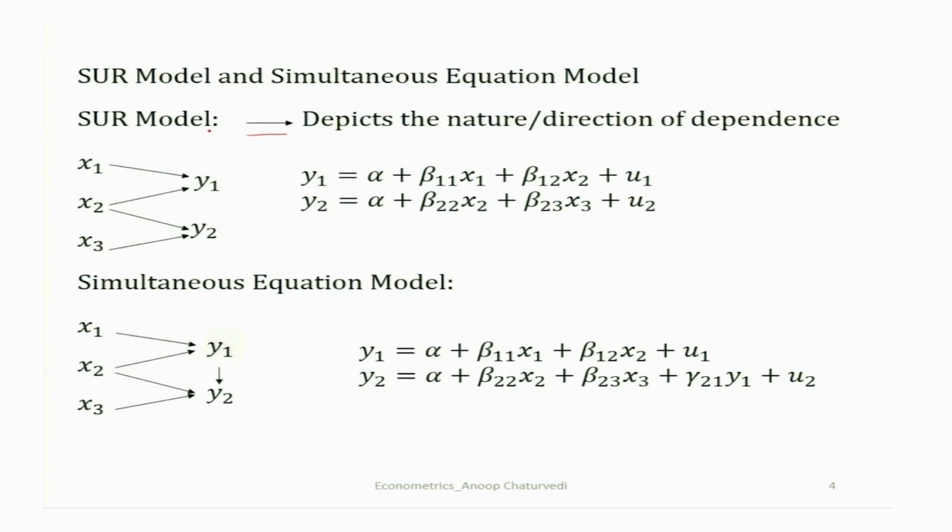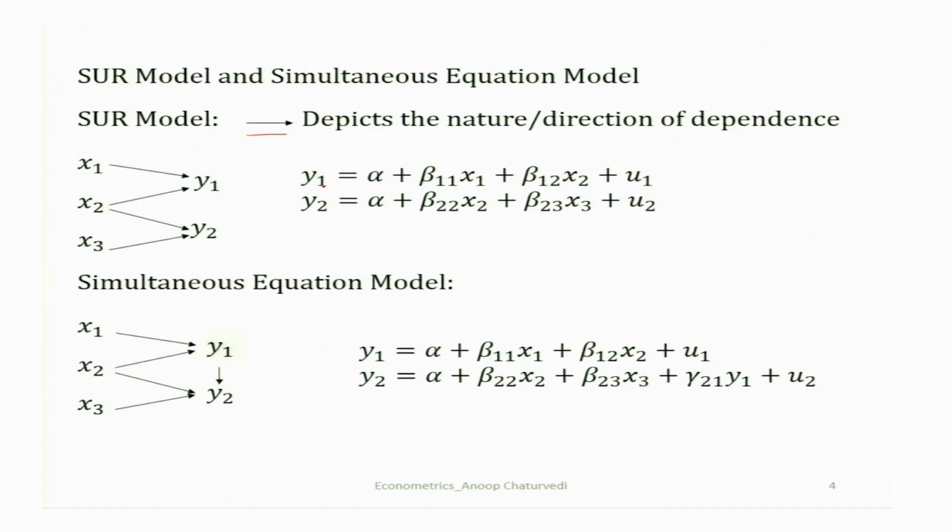In the seemingly unrelated regression model, suppose you have two dependent variables or two separate equations, y 1 and y 2, and y 1 depends upon x 1 and x 2. So, x 1 is going to influence y 1, and x 2 is going to influence y 1. Then y 2 is influenced by x 2 and x 3.